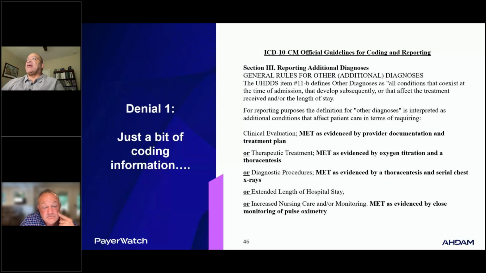Obviously, we're looking at the provider's documentation, and clinically what's going on in the treatment plan. We identify any therapeutic treatments going on with the patients: O2 titration, the thoracentesis. We identify any diagnostic procedures that meet the criteria. And of course, a lot of it doesn't necessarily extend the stay, but if it does, we would specify that. And then any nursing care that's done, the close monitoring, looking at the vital signs, Dr. Smith brought that up.